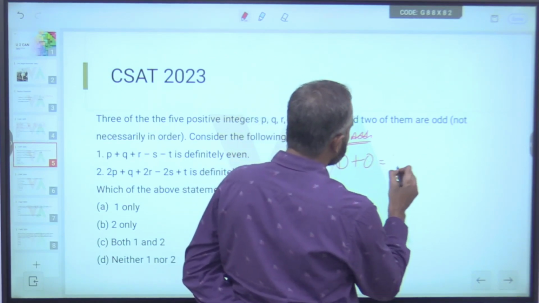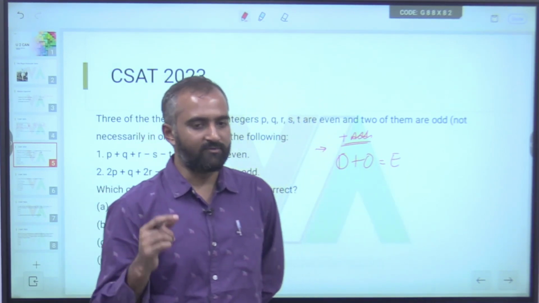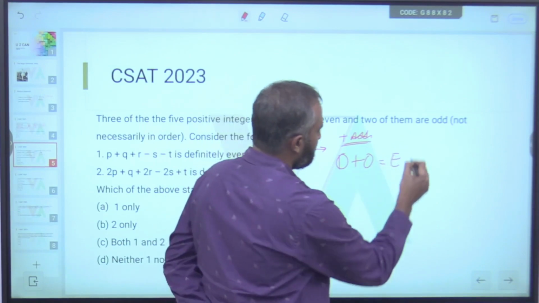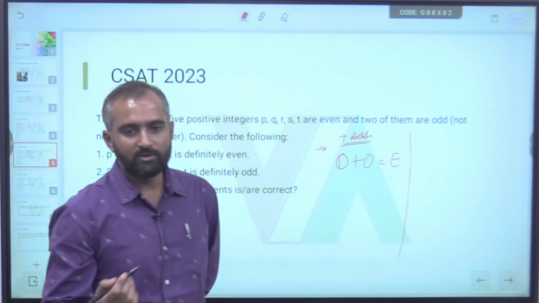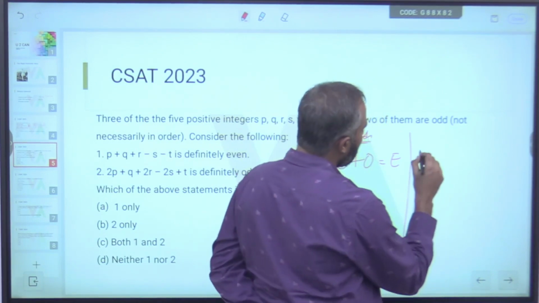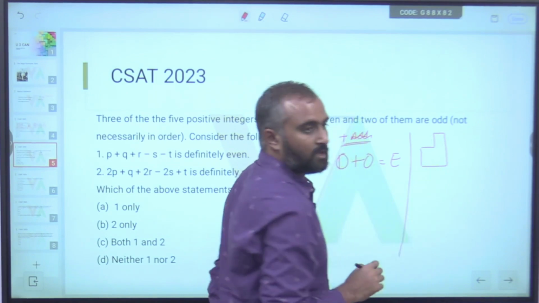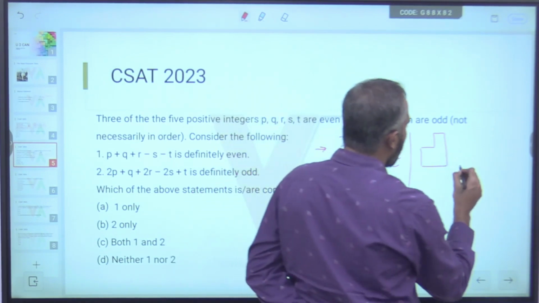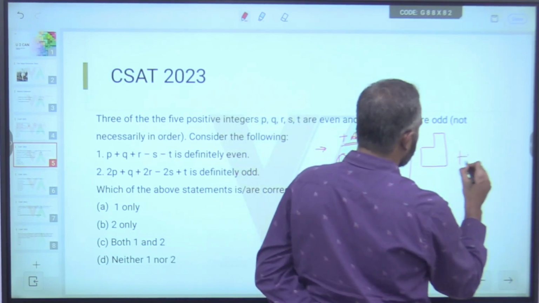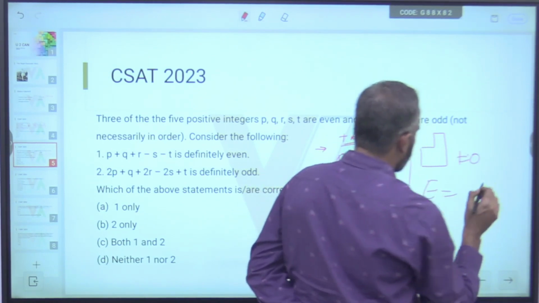Instead, I'm going to give you a visualization trick where odd and even become an intuitive sense to you. For example, consider any odd number as having a projection, and consider any even number as having a flat square. This is odd, and even is a flat square.